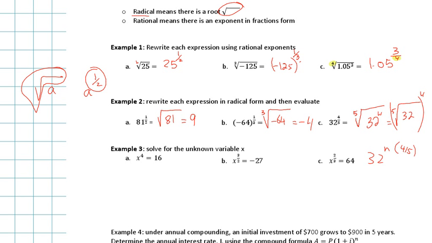Or you can enter the 5th root of 32 to the power of 4. That also should give you exactly the same answer. So you pick one and enter it in the calculator. What do you guys get? 16.